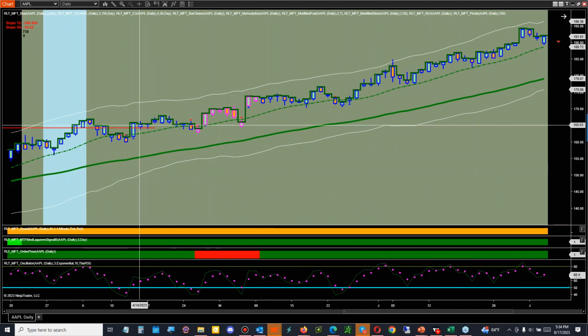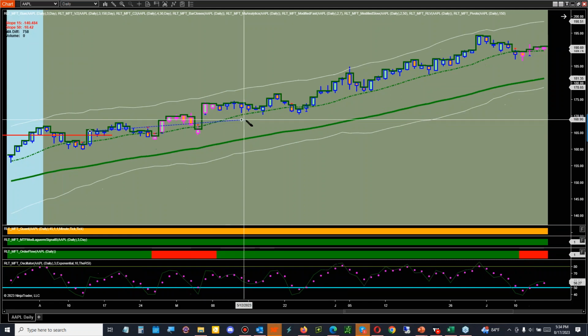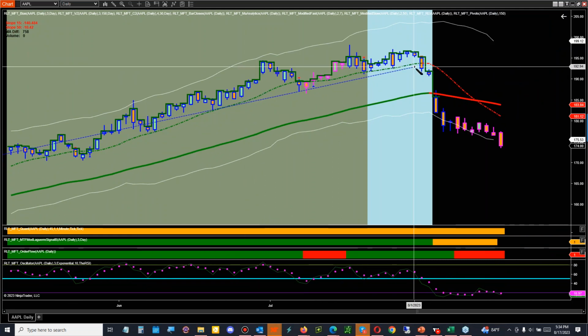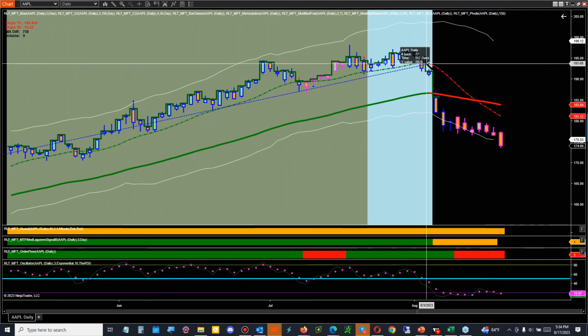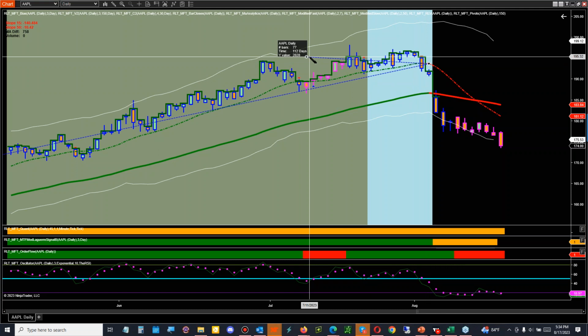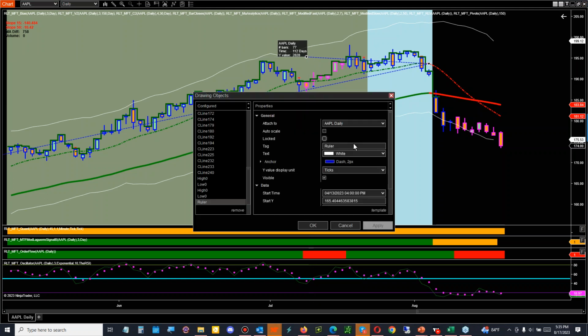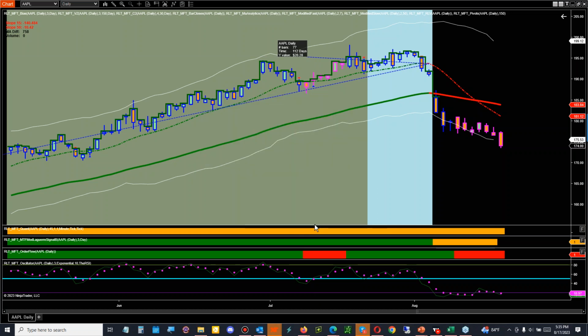Okay, so this entry would have been right here on this trade on Apple. So if you were to take Apple here and trade it until the 15 turned red, that's 2,800 ticks. It's showing it in ticks. I could show this in currency.